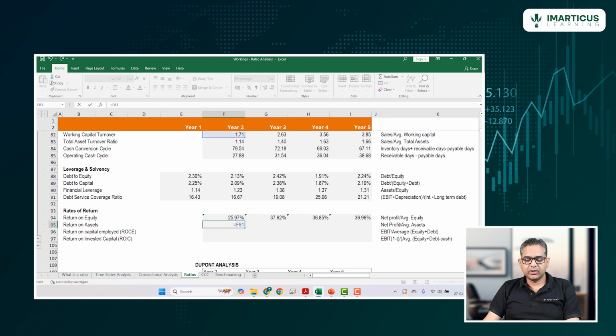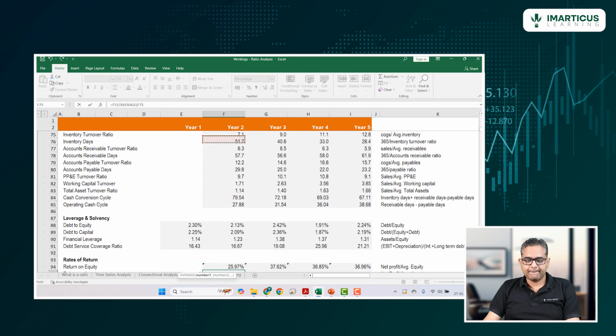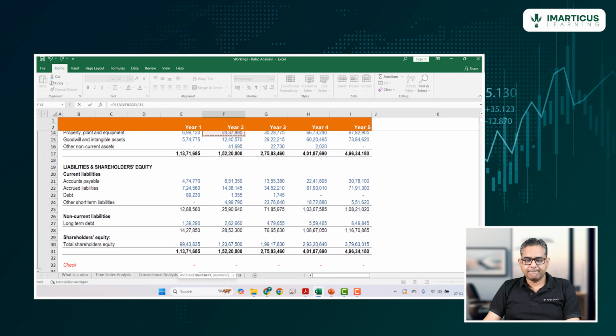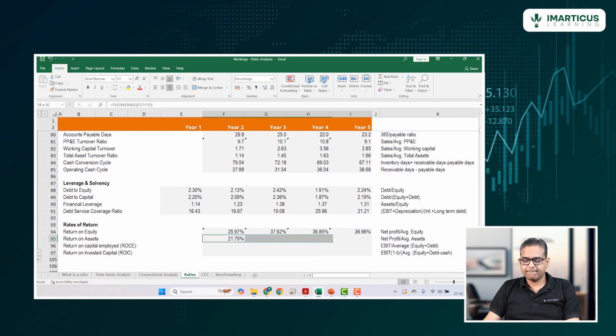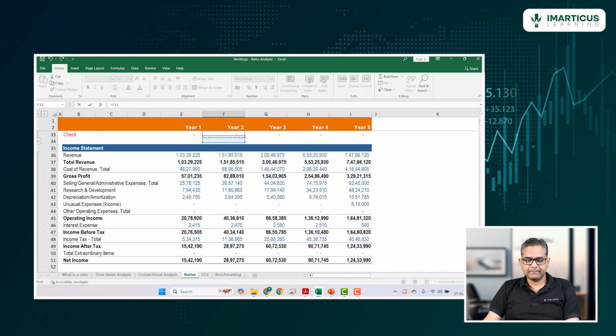Return on assets is net profit upon average assets. Return on capital employed is EBIT upon average of debt plus equity.